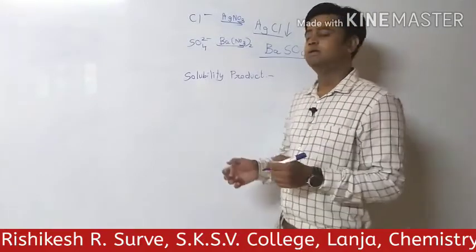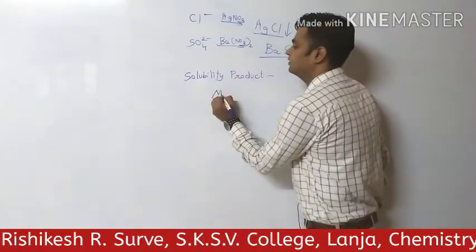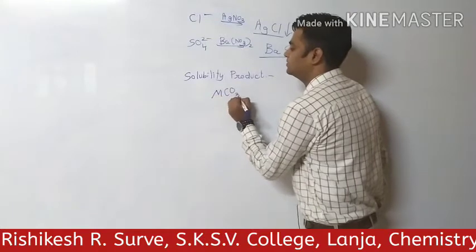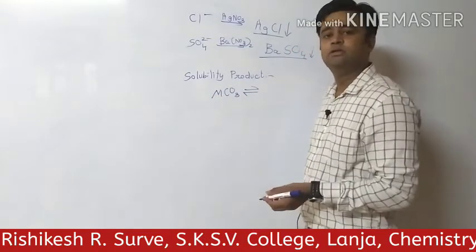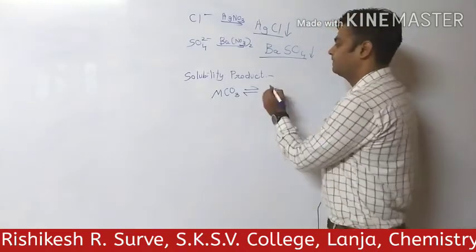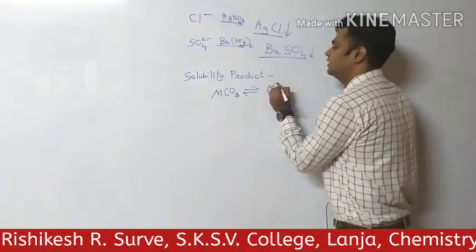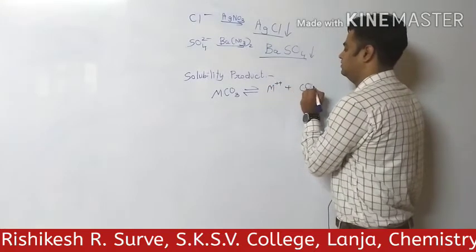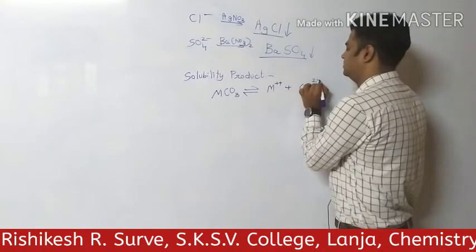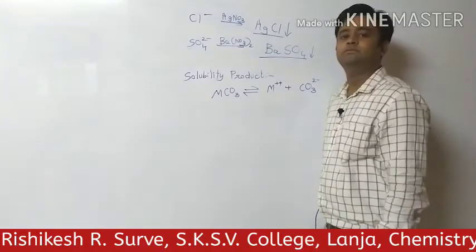Now let's consider a salt MCO3, which is a sparingly soluble salt. In water, it will produce M2+ plus carbonate ion.